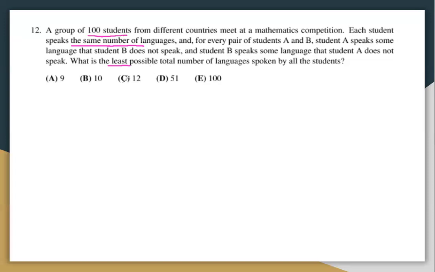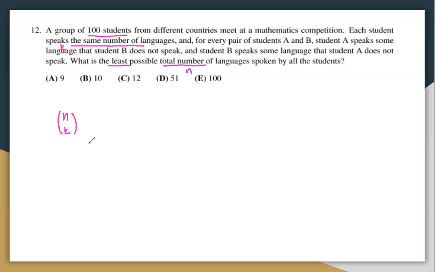We just need that number to be larger than 100, because we have 100 students and everyone has something different from any other student. So let's say the total number of languages is n, and we do not know how many each person speaks, so let's call that k. Then n choose k is the number of different groupings we can have.